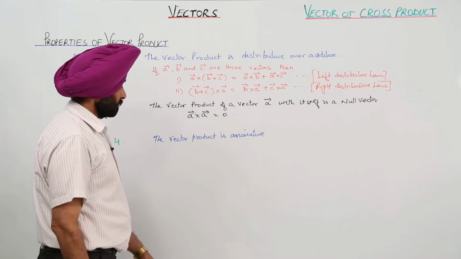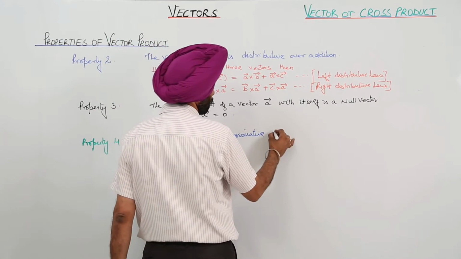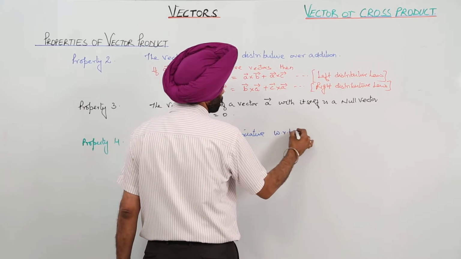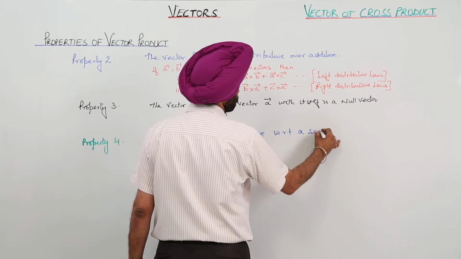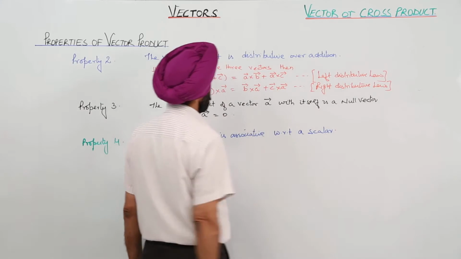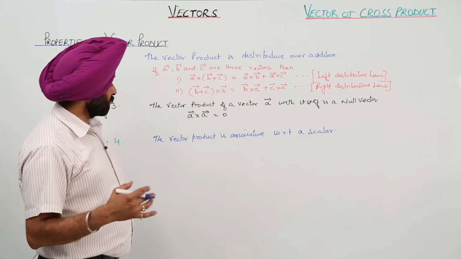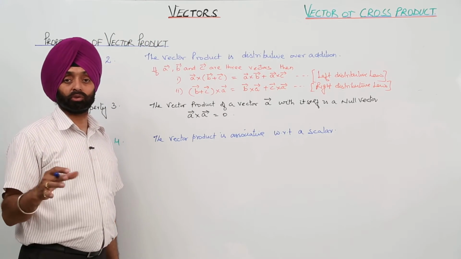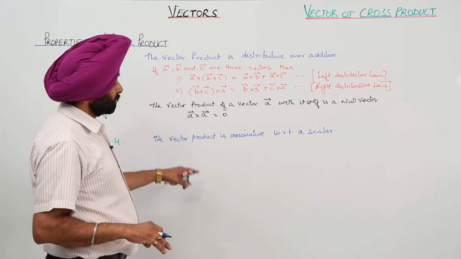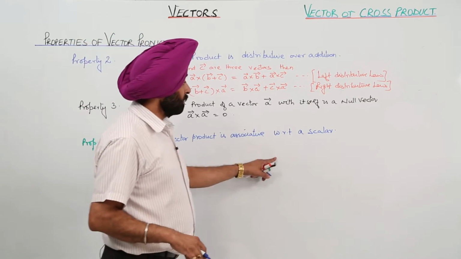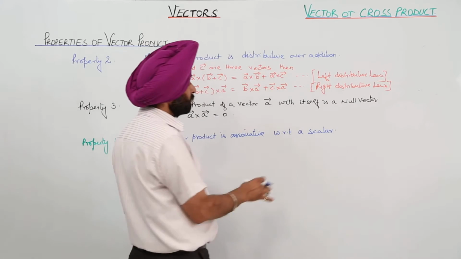The vector product is associative with respect to a scalar. On the whole, vector product itself is not an associative property. Okay, so the vector product is associative with respect to a scalar.